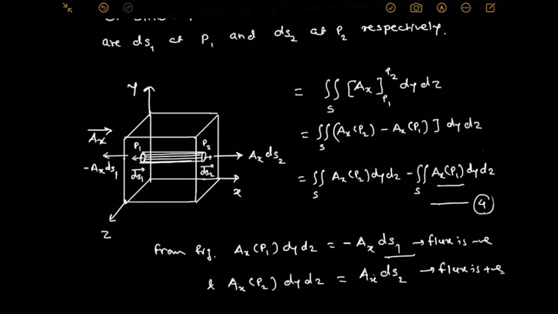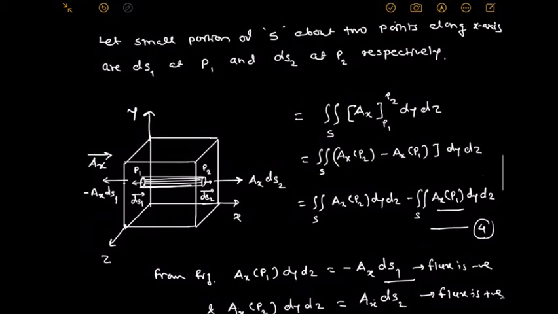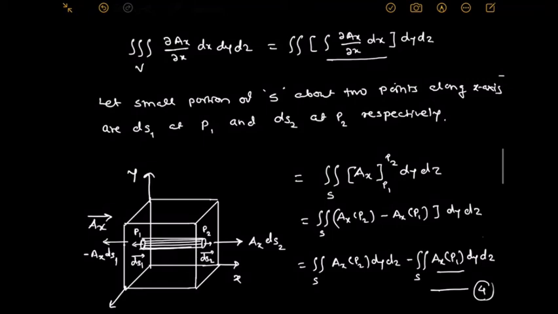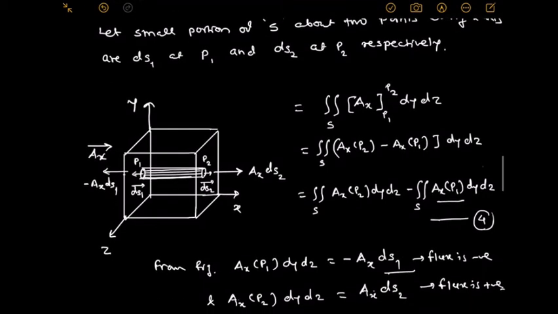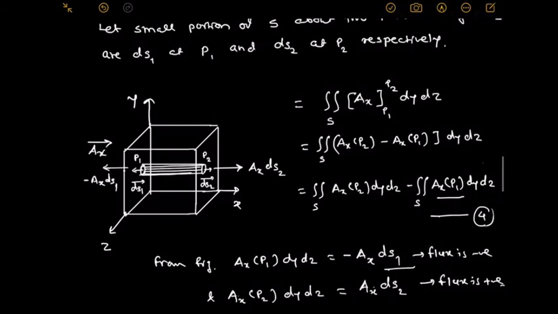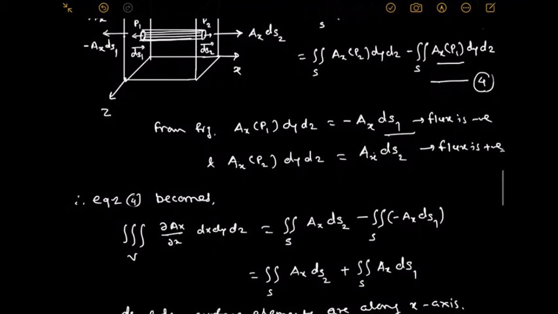Since the unit normal is directed outward at each small element, that is, the small elements at the points P1, P2, ds1, ds2, therefore equation 4 becomes, what is the other side of the equation? The volume integral of ∂Ax/∂x dx dy dz is equal to the surface integral of Ax at P2 dy dz minus the surface integral of Ax at P1 dy dz. Therefore, we substitute these two terms in that equation and write equation 4.